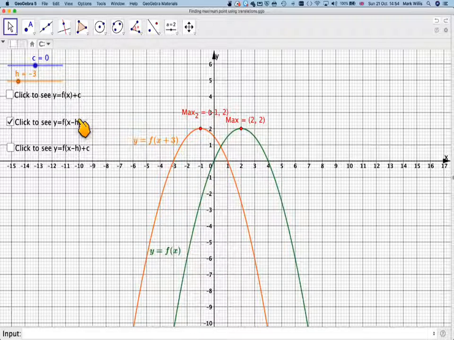This one's a little bit strange because it says minus. When it is plus 3, it means it moves 3 units this way. So a translation of (-3, 0). So it's the opposite: if this says plus 3, then it's a translation of (-3, 0). Okay, so the maximum point is (-1, 2).